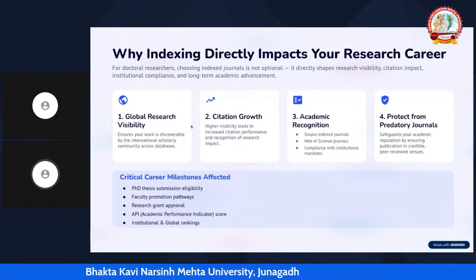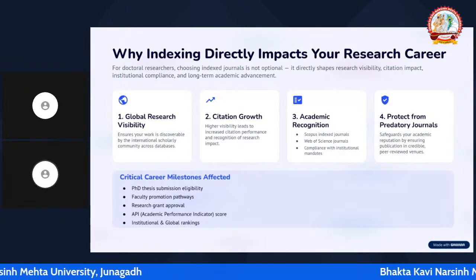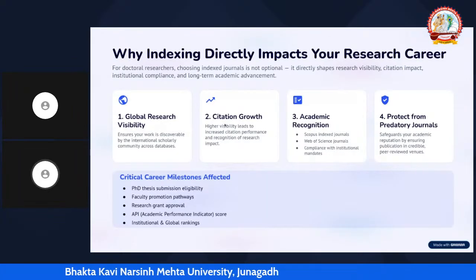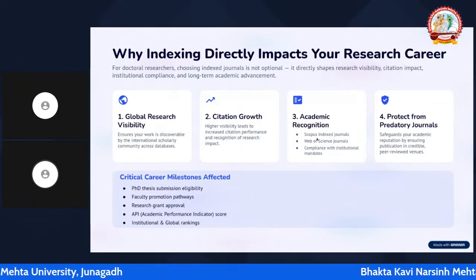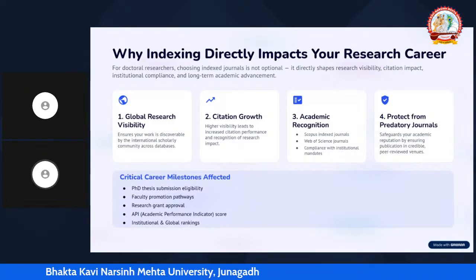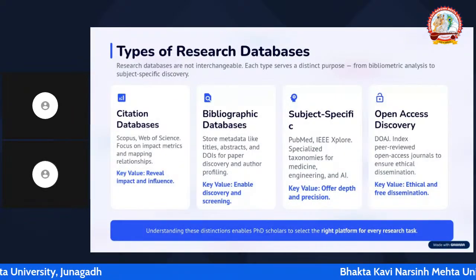Everybody can access your paper, so there is a very high chance to grow your citations, and you have global research visibility with more citation power. So definitely you can make academic recognition, Scopus, Web of Science, and you can also keep your data in a protected way. So these are the uses of indexing.